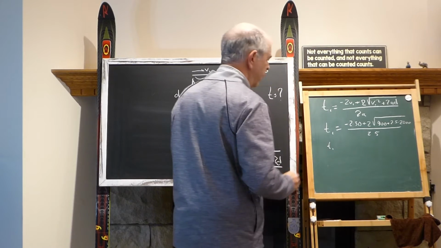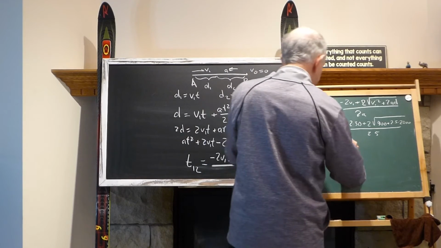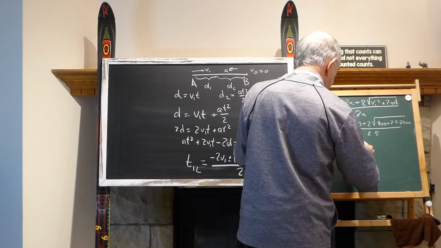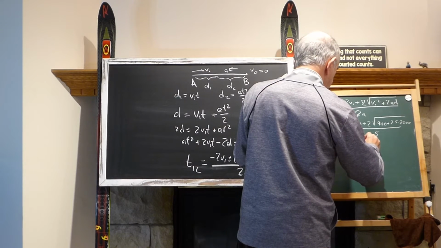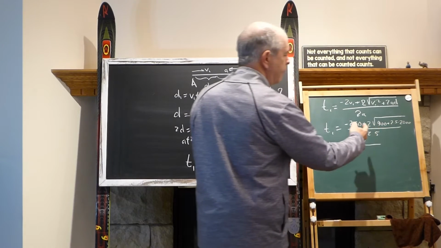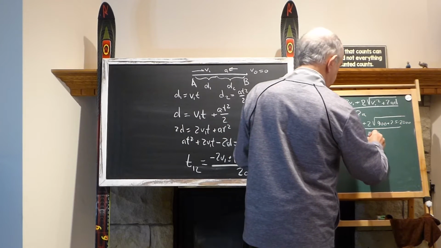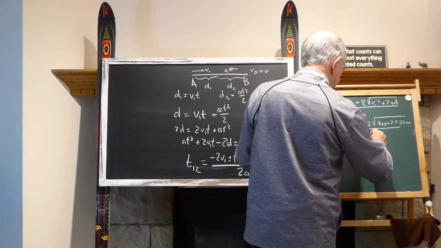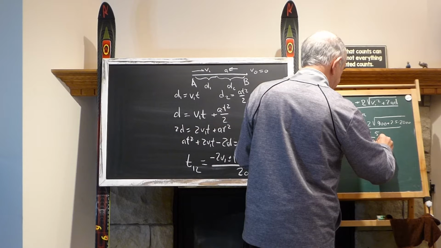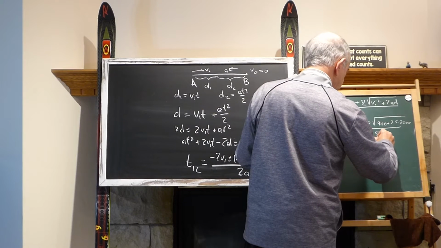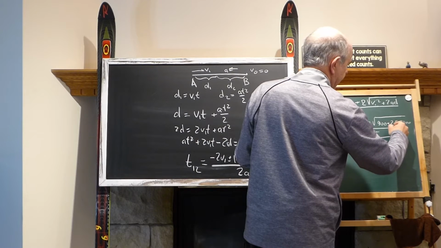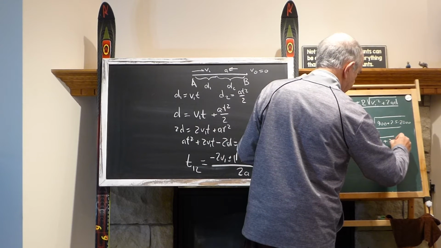T1 would be minus 60 divided by 10 plus 2 square root of 900 plus 10 times 2000, which is 20,000.